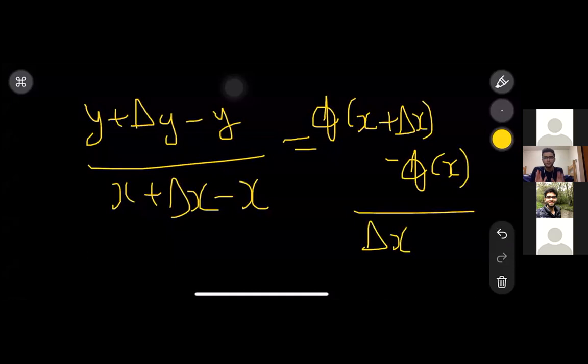I will pause for some time and allow all of you to look at this and let it sink in. Let me know if you have any questions. y plus delta y minus y is f of x plus delta x minus f of x. And then the denominator is just cancelling out the two x's and leaving delta x over.